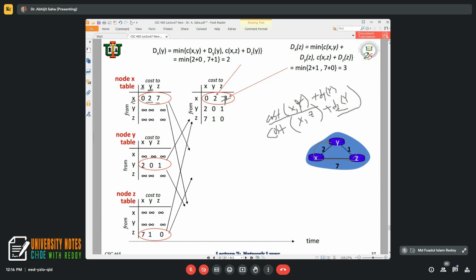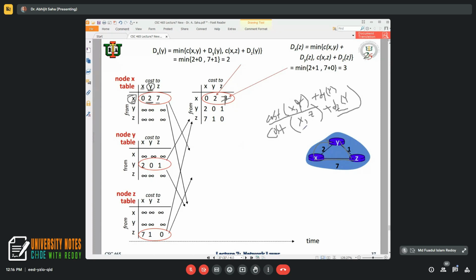Understand or not? At this moment we are looking at the table, and we want to go from x to y, so the destination is y.